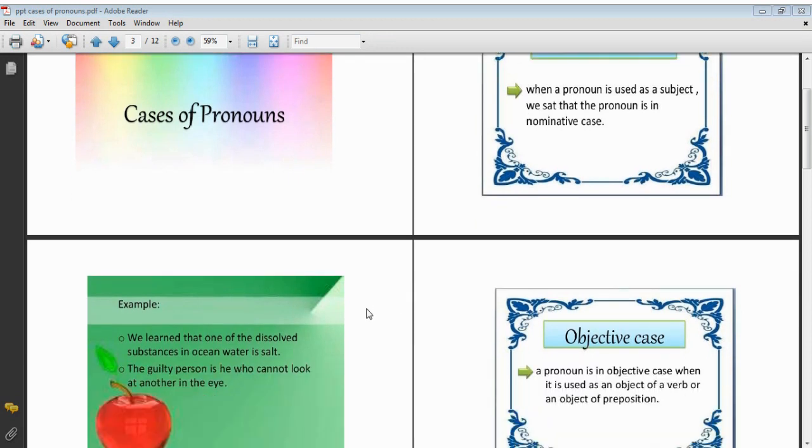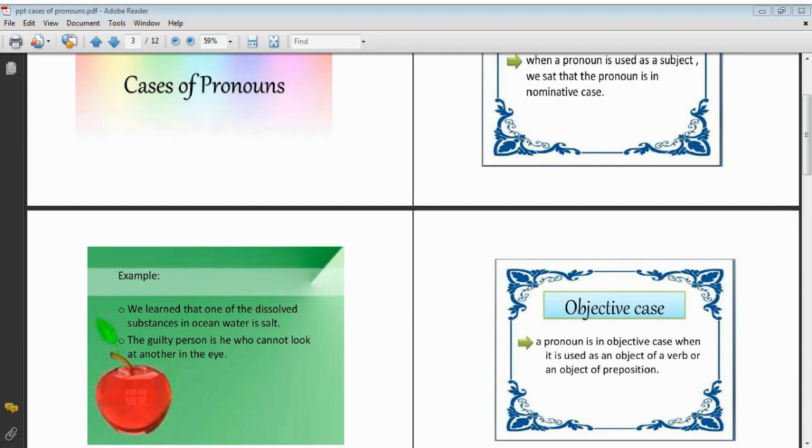Now, as we can see in the example, "We learned that one of the dissolved substances in ocean water is salt." If "we" is underlined in your MCQs, it is used here as a subject pronoun, so it is used in the nominative case. The next example is, "The guilty person is he who cannot look another in the eye."